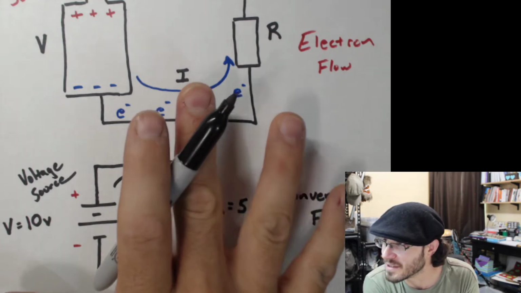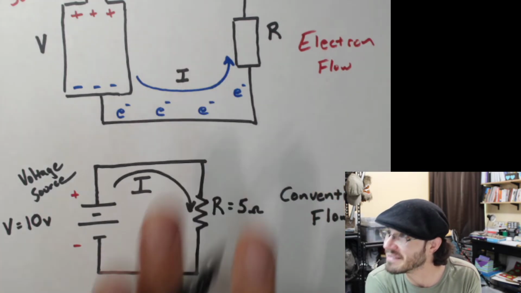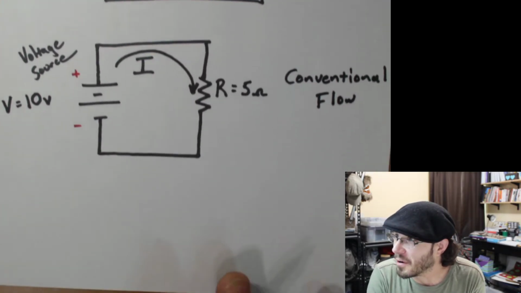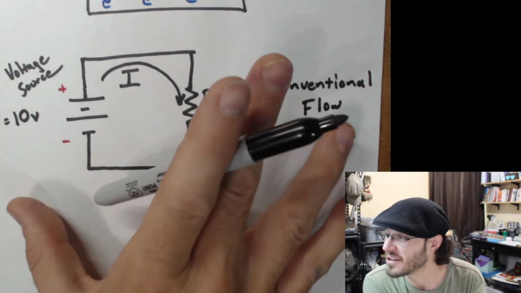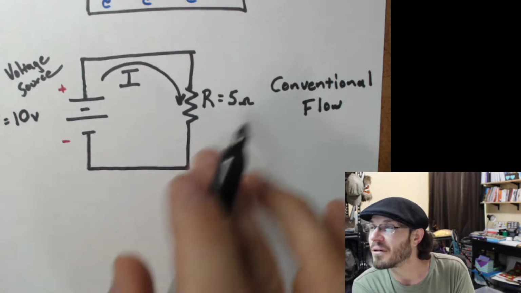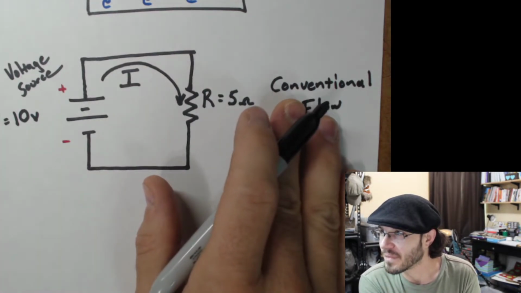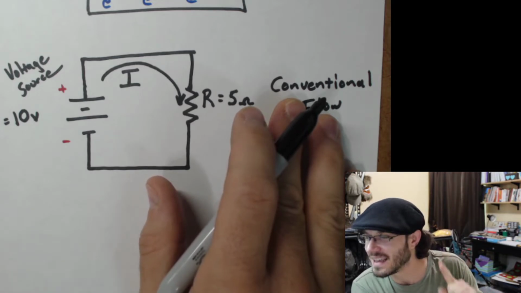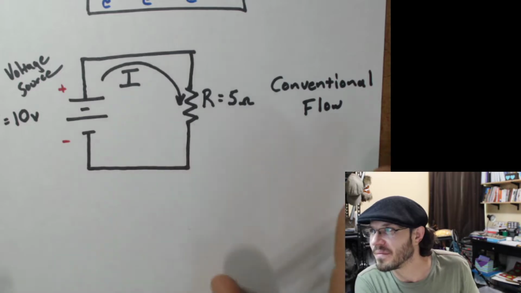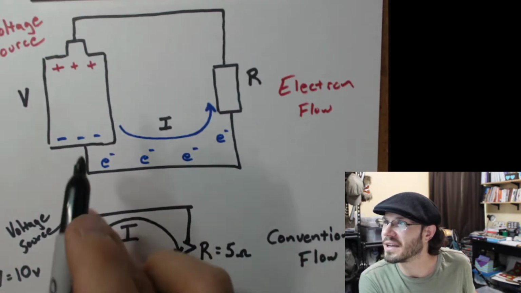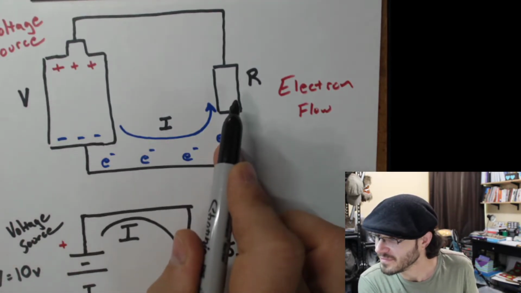I love physicists, but they're not designing things. We have to live in the real world, and we have to live with what the manufacturers are telling us. So we're going to stick to conventional flow. But we will keep in mind in the back of our heads that the electrons are going in this direction.